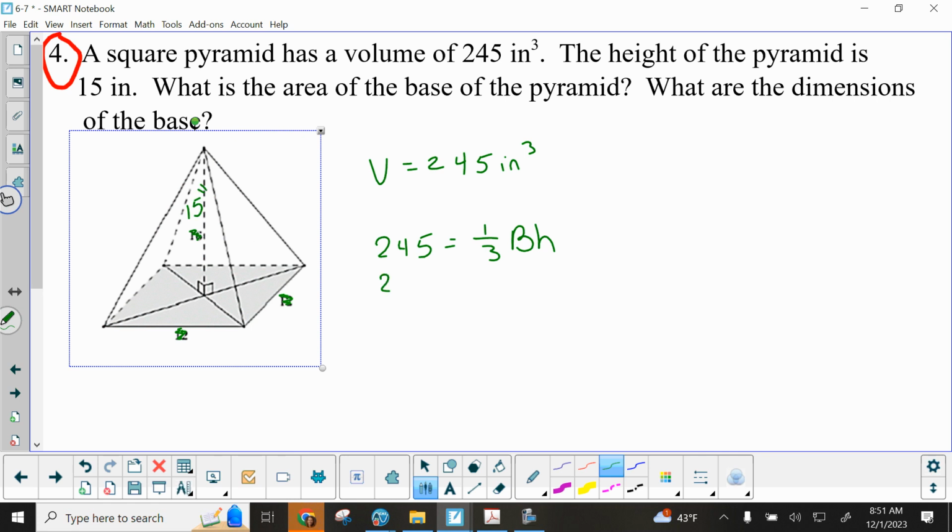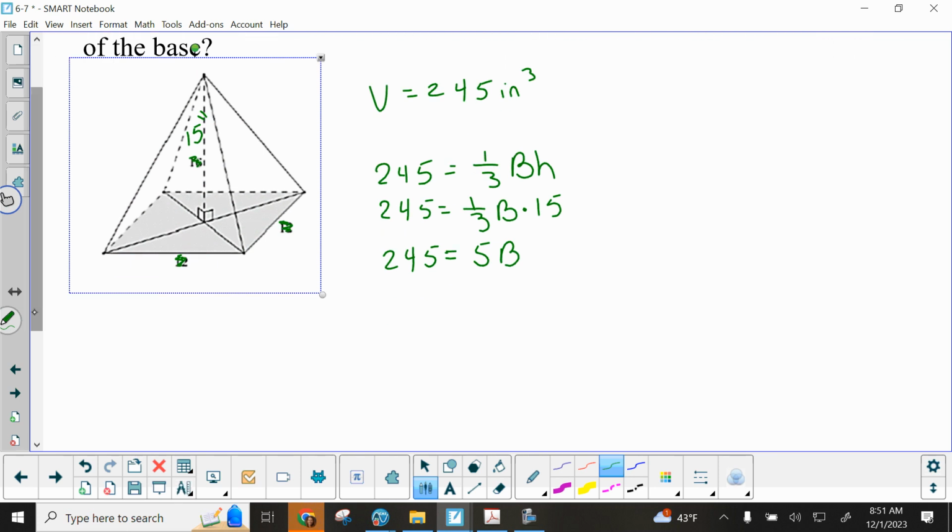All right, so I have 245 equals 1/3 base area times the height. Well, using the commutative property, I'm able to multiply the 1/3 times the 15, which is 5. And now all I have to do is divide by the 5 in order to get the base area.